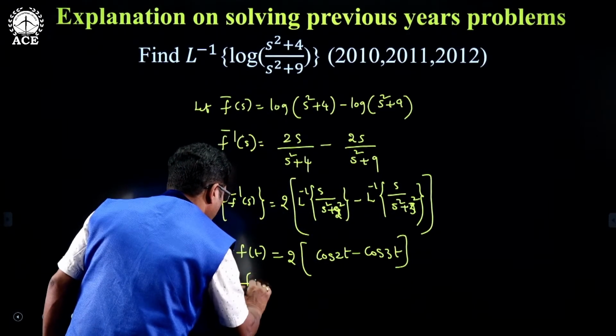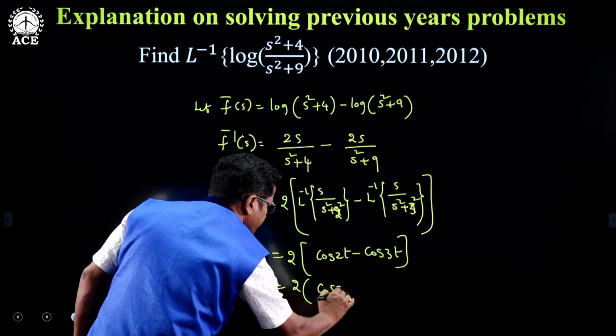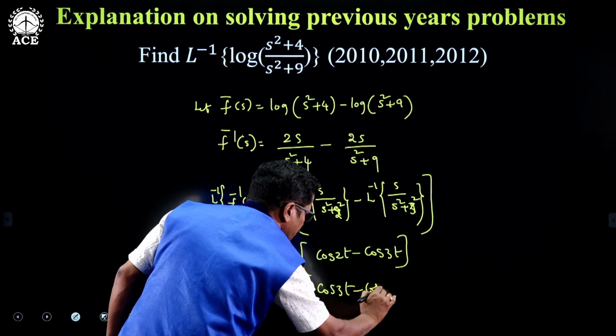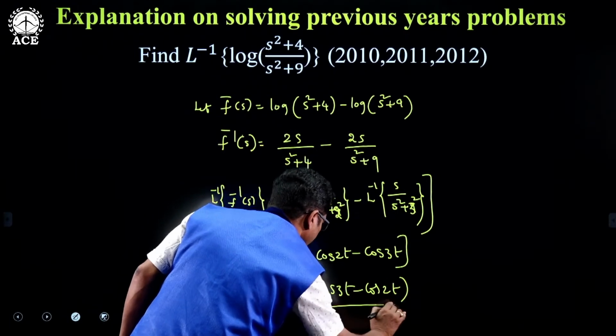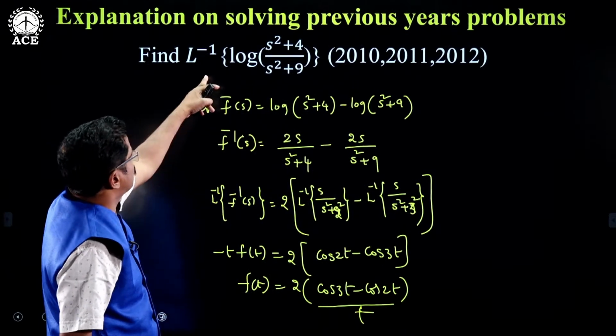So f of t equals 2 into (cos 2t minus cos 3t) by t. Where f of t means L inverse of log.